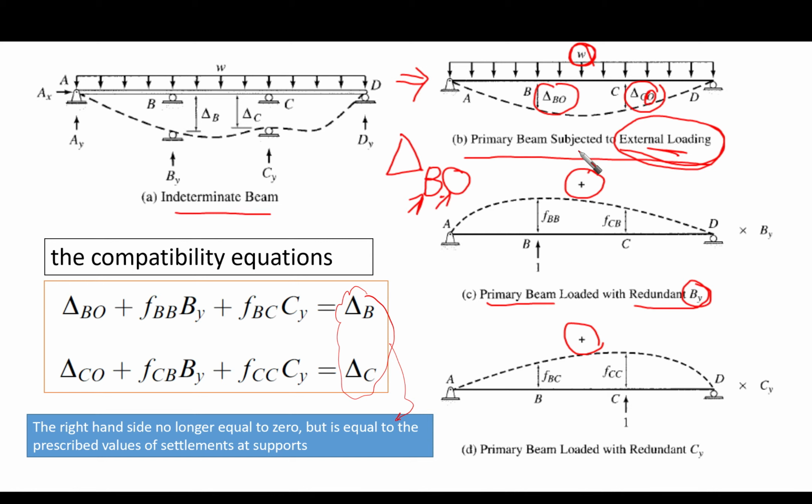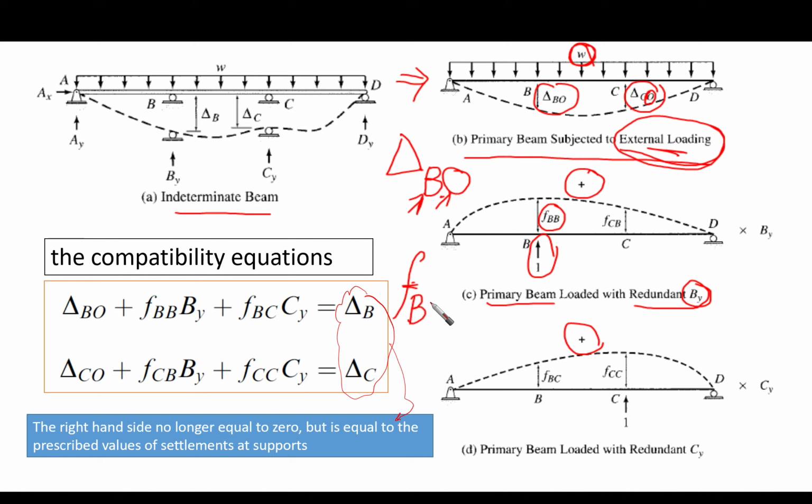This means that we are going to use the primary beam and put 1 unit load at point B, as we have done many times before. And then there is displacement going to take place at point B. It is the flexibility coefficient, FBB. As we said many times, F means flexibility coefficient, the displacement.